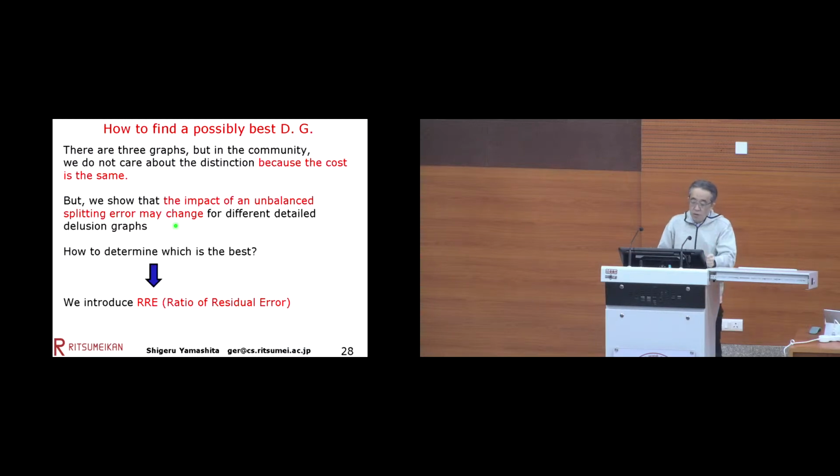And of course, if we do many simulations among the different candidate graphs, then we can maybe select the best one. But that's very time consuming. So we introduce a concept which we call RRE to predict how fault tolerant each graph is.